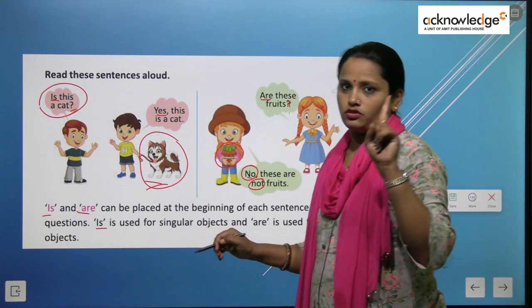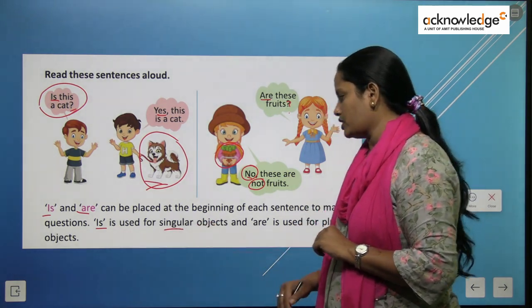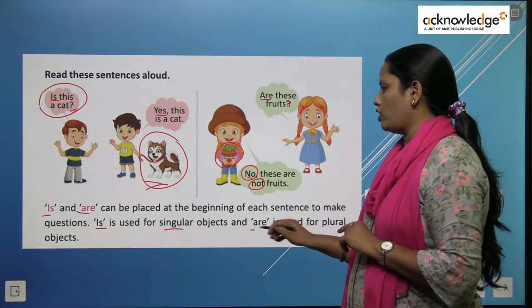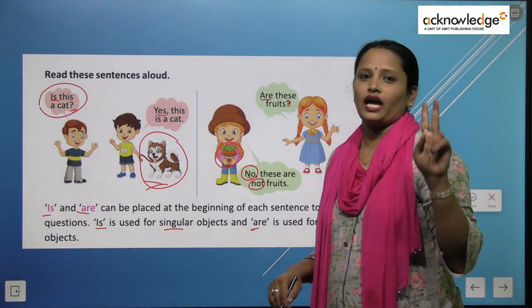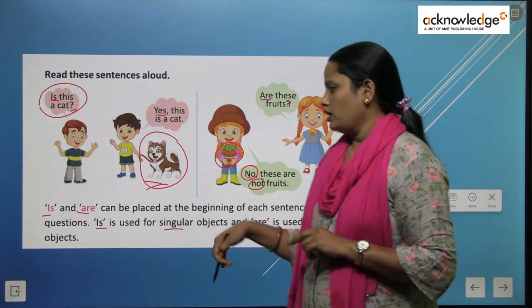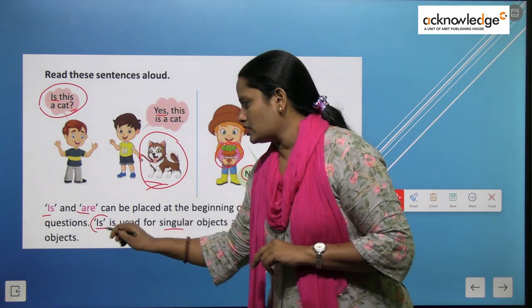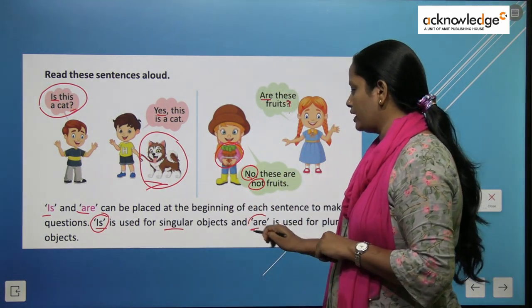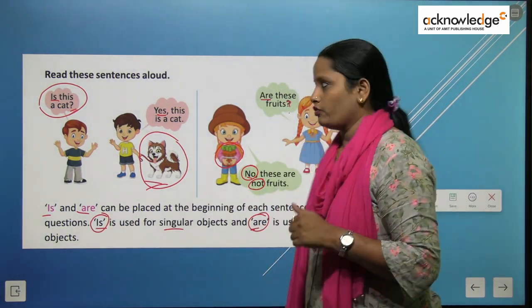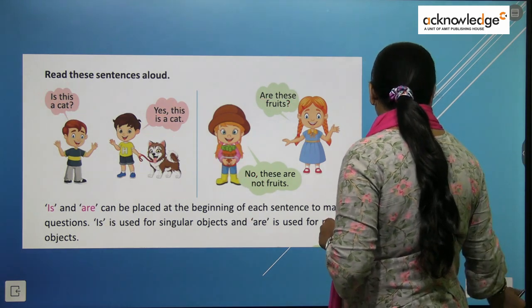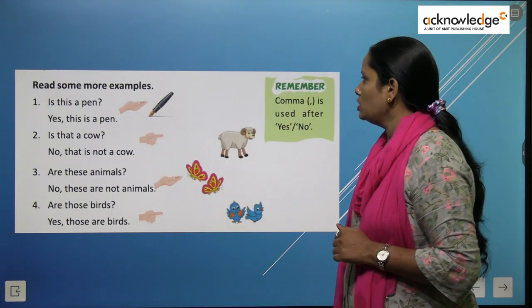Is is used for one, meaning a singular object, and are is used for plural, meaning more than one object. As we have learned earlier, is is for one and are is for many. We have to remember this while doing all the exercises in this chapter.